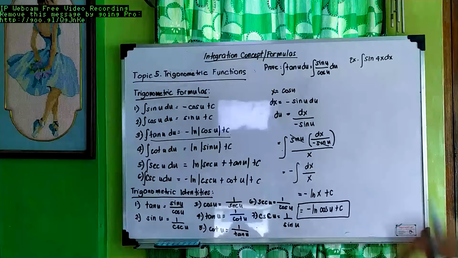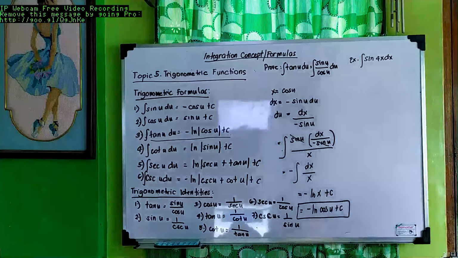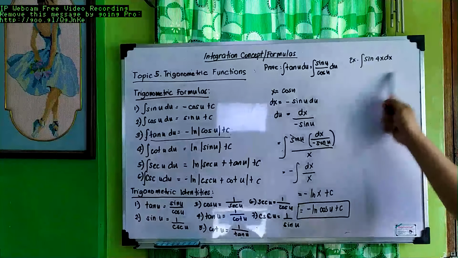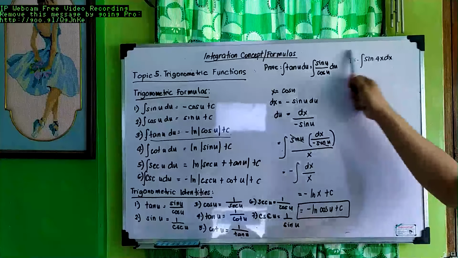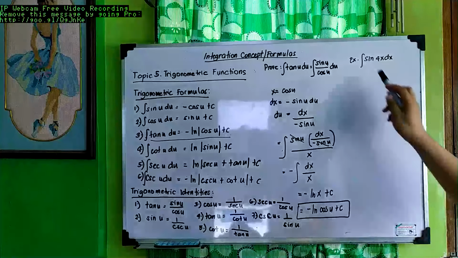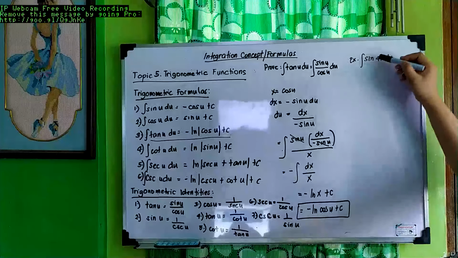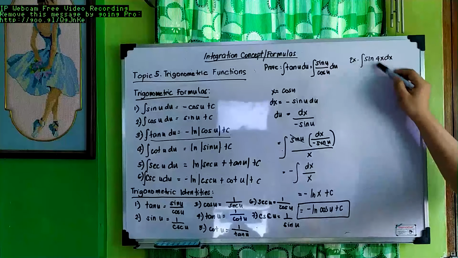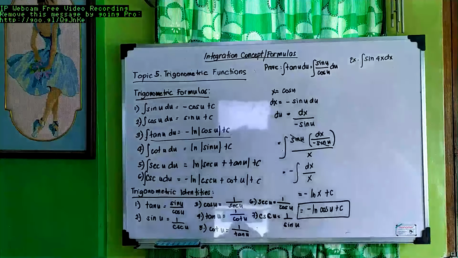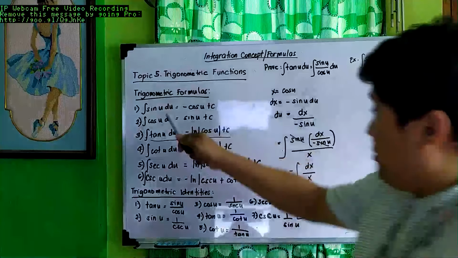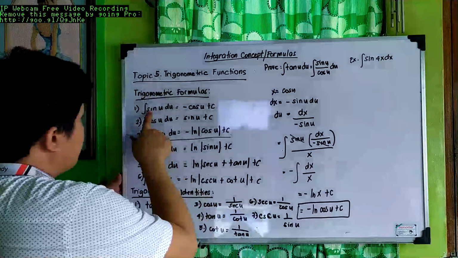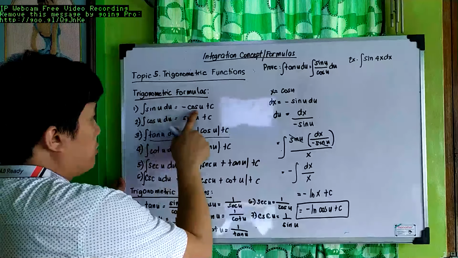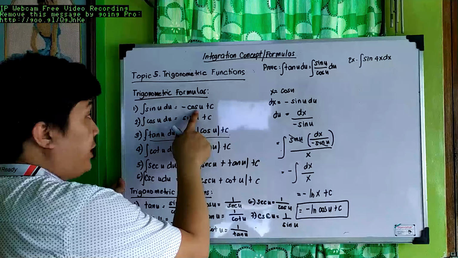So now we'll focus on trigonometric functions. If your given is like this, where your sine has not just x, so you have 4 on your x. Because here, di ba, we'd say that the integral of sine u will automatically be equal to negative cosine u.